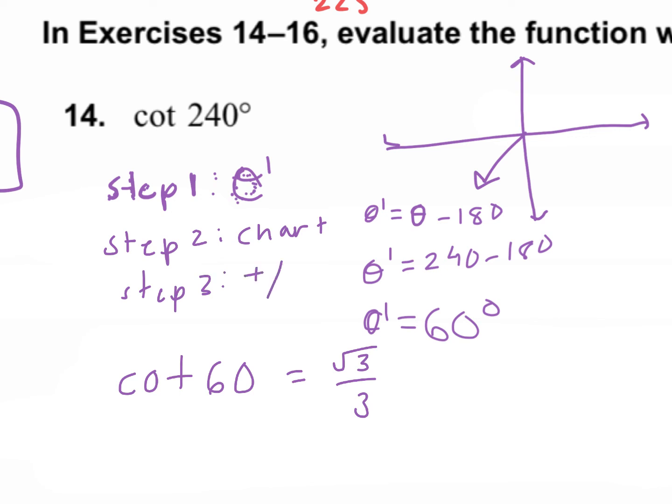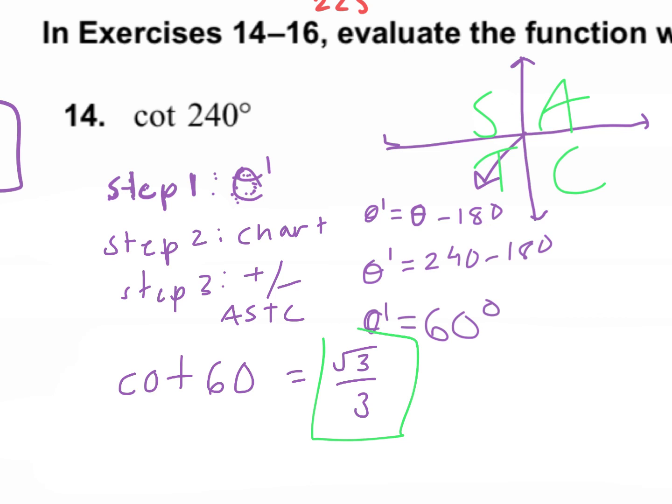To see if it is positive or negative. So that is our all students take calculus. In the third quadrant, we have that T. T means tangent's positive. What do we know about cotangent in the third quadrant? It is also positive. So positive square root 3 over 3 is our answer.